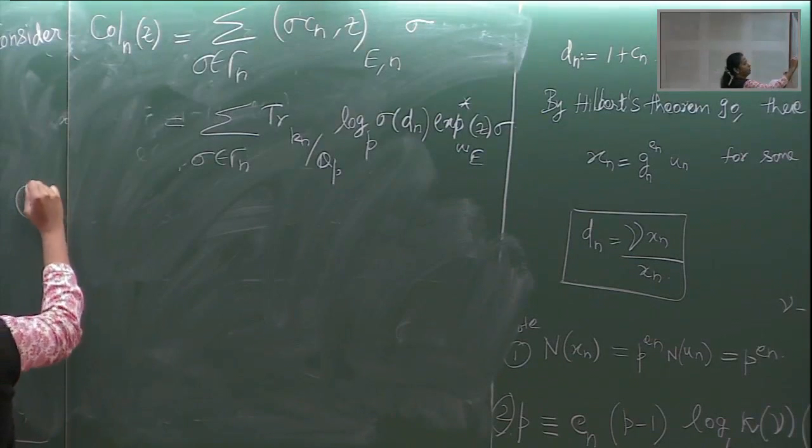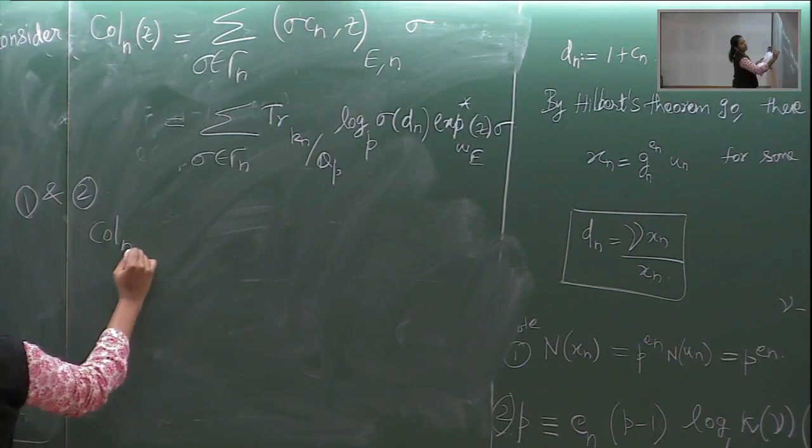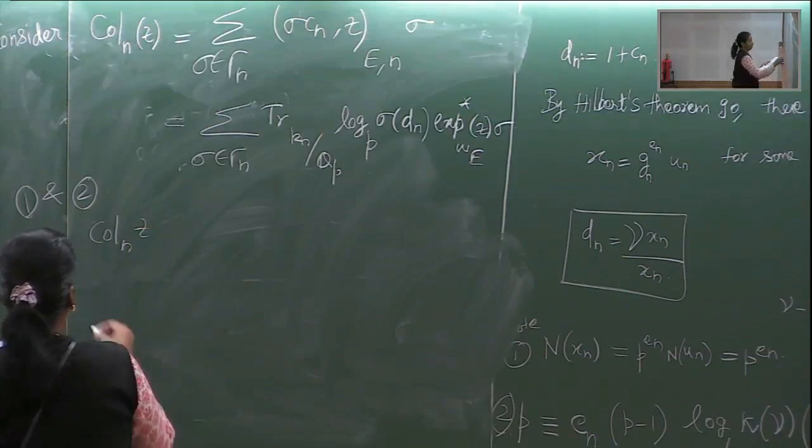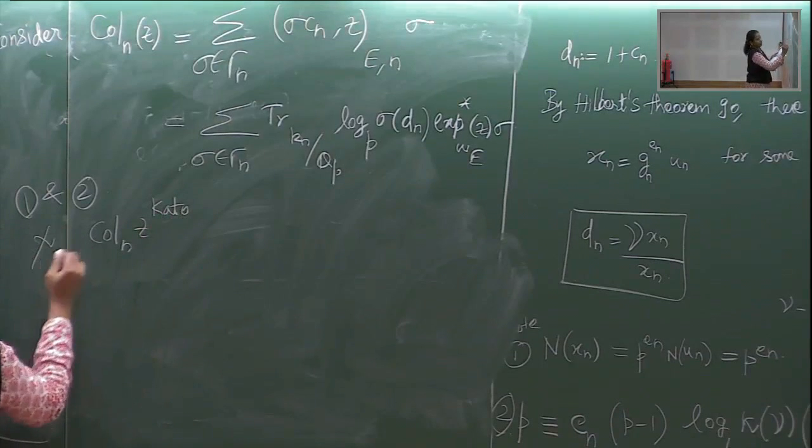By 1 and 2, you can write the Coleman map evaluated at the Kato element, applied to chi.